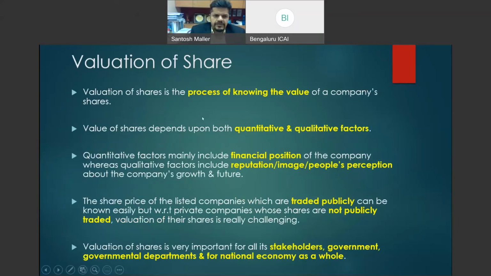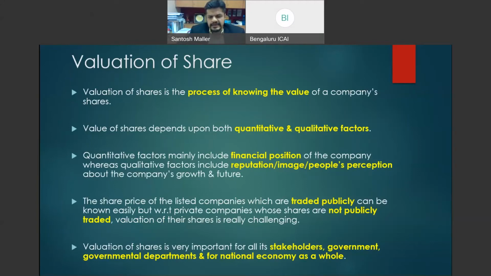Valuation of a share is the process of knowing the value of the company's shares. So basically, valuation as an exercise is nothing to do with price discovery; you're valuing the underlying shares.